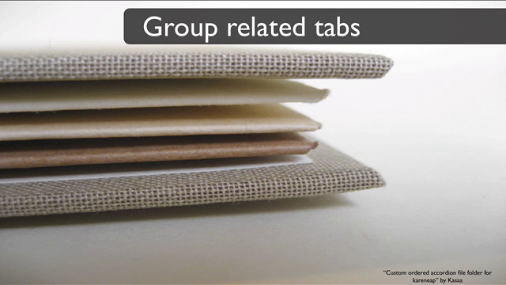Now if we start grouping related tabs together, it will become more meaningful to the user. As an analogy, look at this file folder. Documents could be grouped into those individual partitions, and together the entire package becomes more important and meaningful.